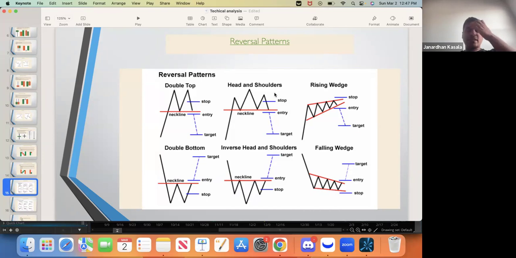We can discuss in detail. I'm just giving you double top, head and shoulder, rising wedge. If you are in a bullish trend, these are the bearish patterns. If you are in a bearish trend, double bottom and inverse head and shoulder are bullish reversal patterns.